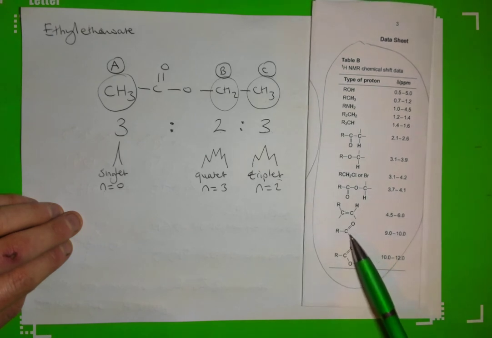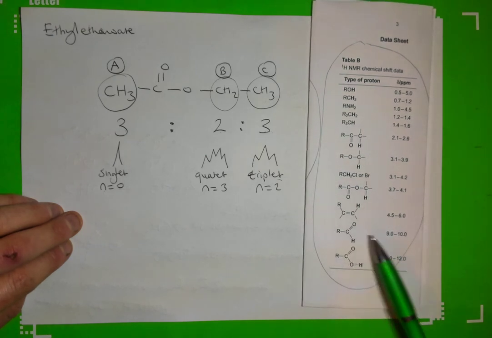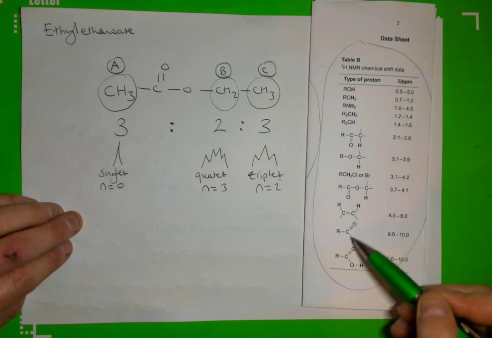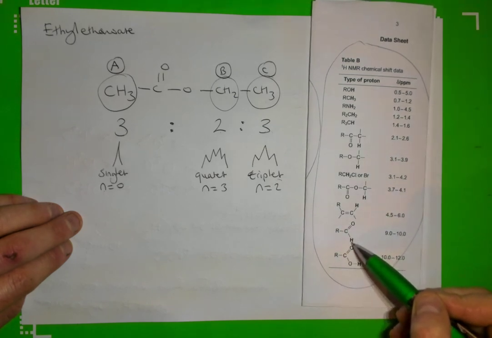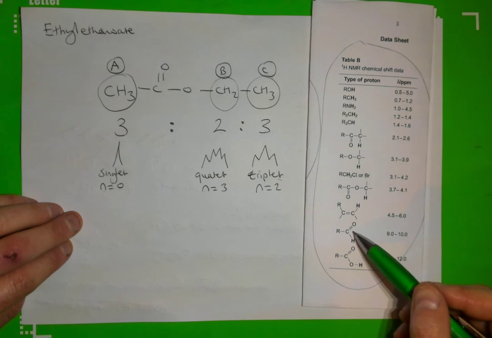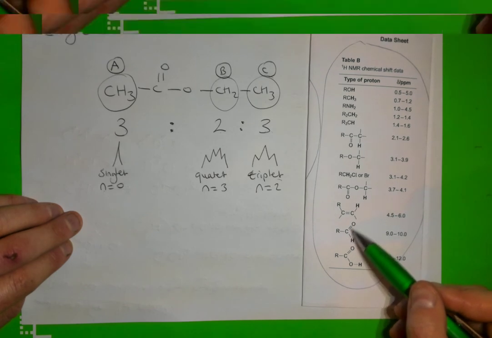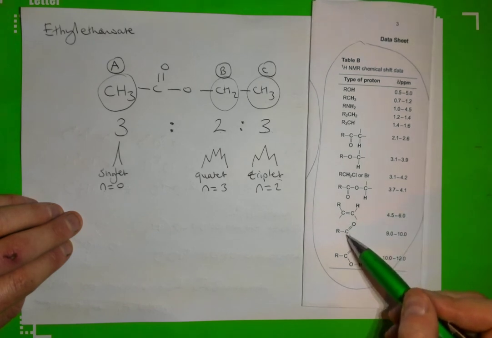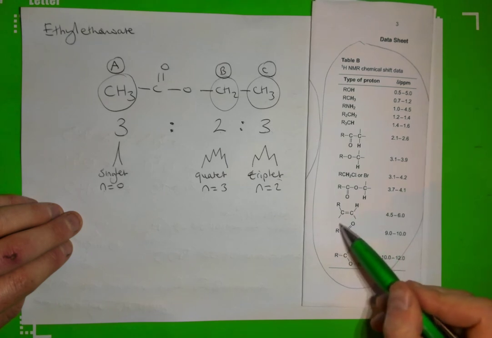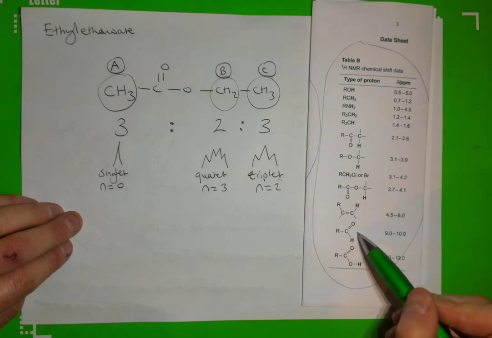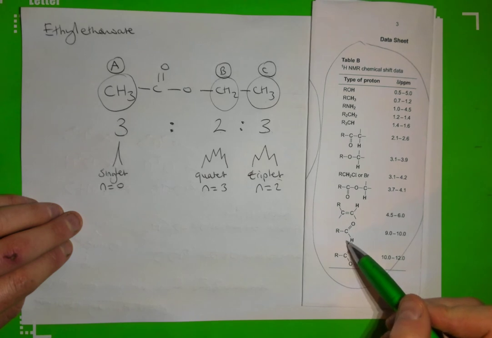It could be this one. This one has got a hydrogen attached to a carbon-carbon here. However, this one is for an aldehyde, not an ester. Okay, so we're looking for an ester here.